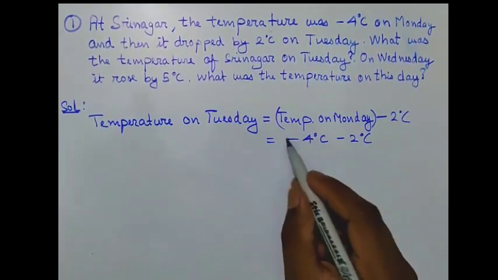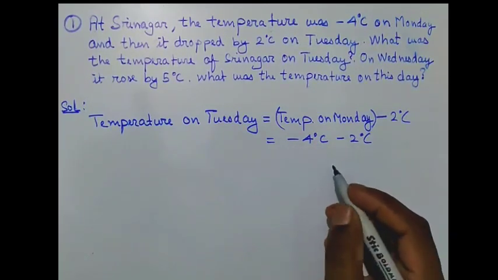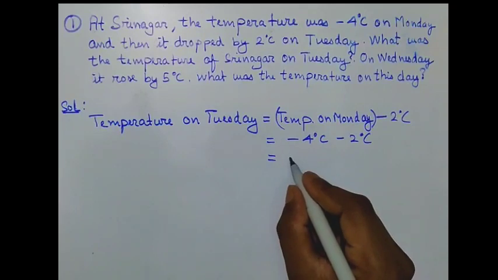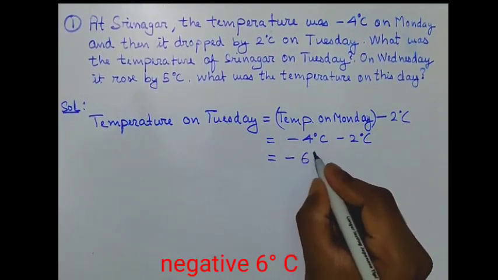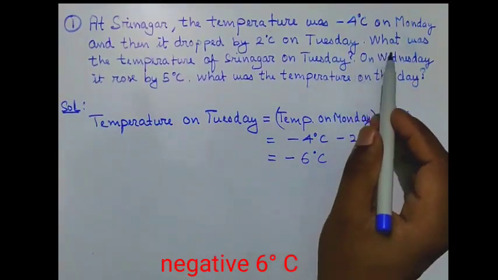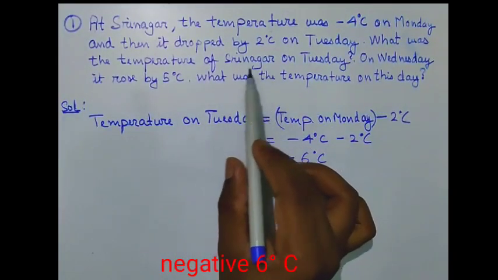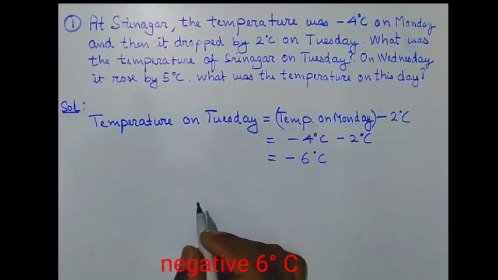Simply if we look at it in the form of integers, it's like adding both the negative integers. So it will become minus 6 degrees Celsius. So the first part of the answer is minus 6 degrees Celsius, that is the temperature on Tuesday.